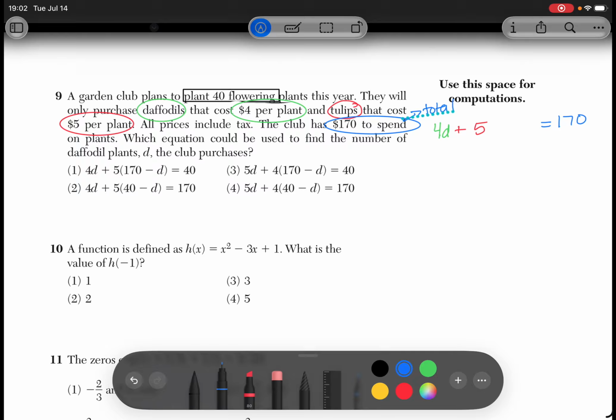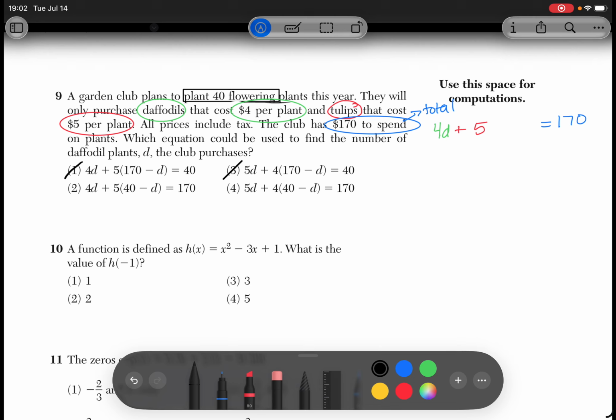So now looking at our answers just with that information, without that black part, the part that says plant 40 flowerings, we know that we can cancel out a few of these answer choices. So we can cancel out answer choice 1 because it equals 40 instead of $170. And then we can cancel out answer choice 3 because once again it equals 40, not $170. Now we're in between answer choices 2 and 4, but we need to think about that 40 and where that comes in.